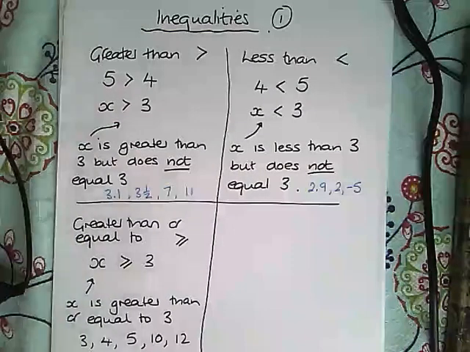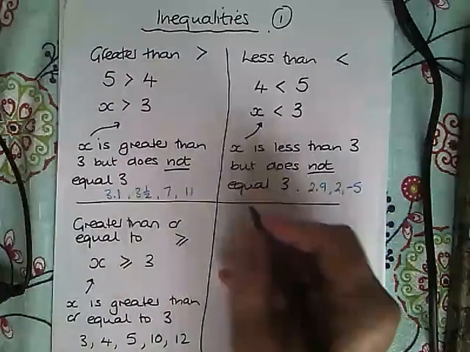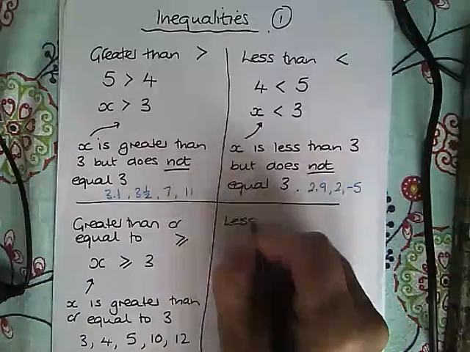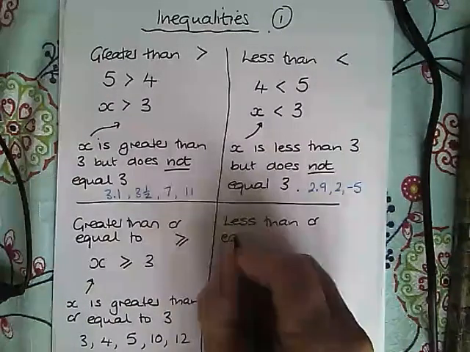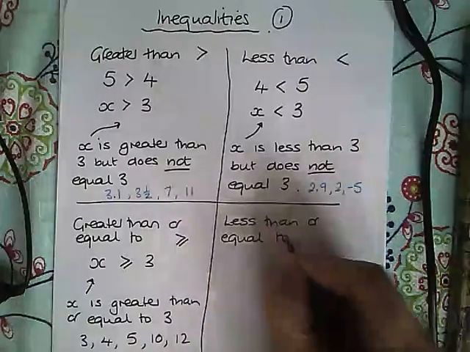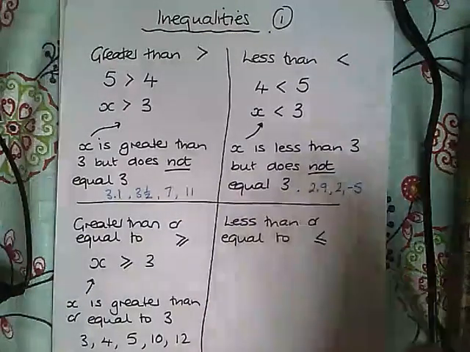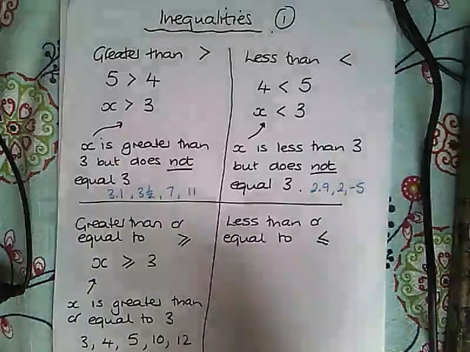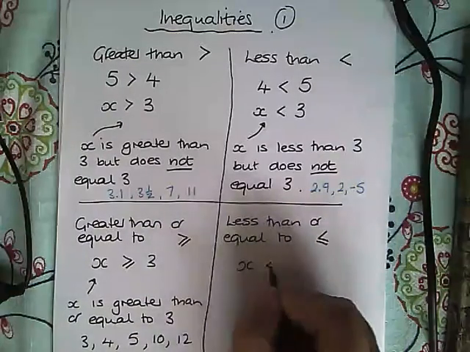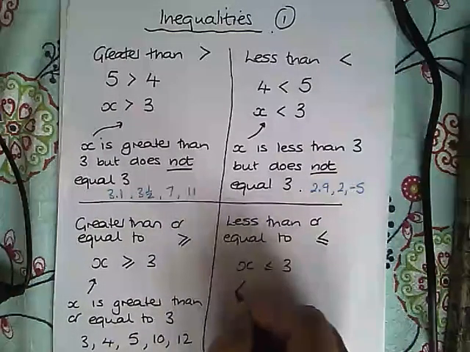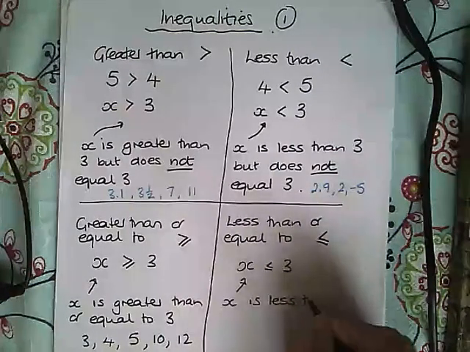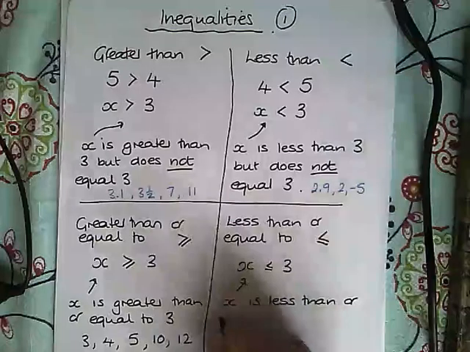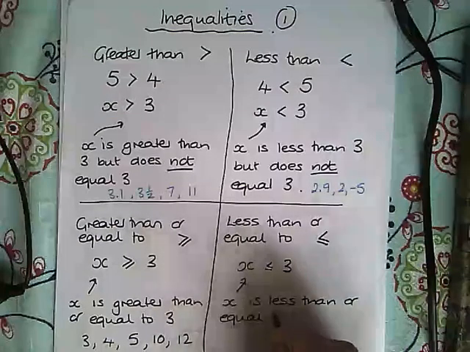And finally, we've got the less than or equal to sign, and that's pointing the other way, and again with that line underneath it. We could have x is less than or equal to 3.